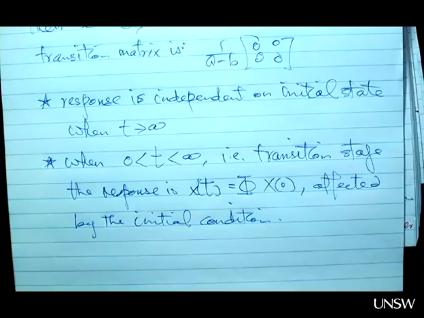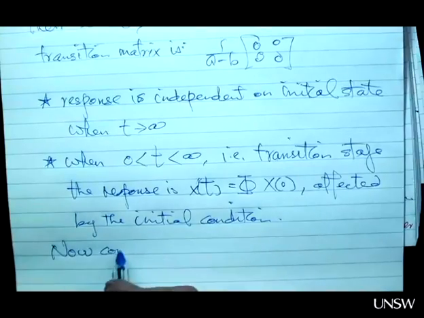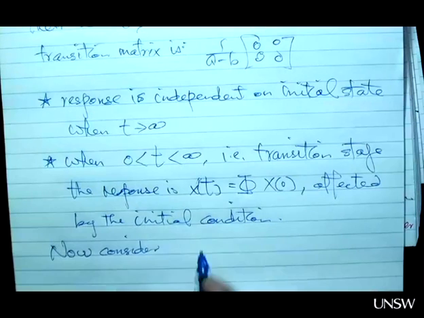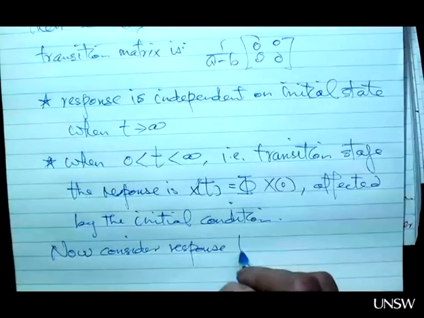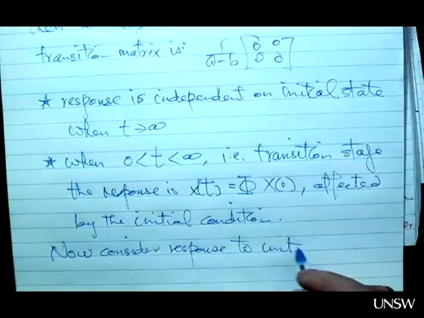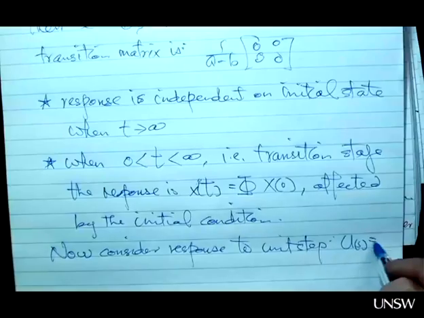Okay, any question up to here? Okay, if no question, now we consider our response to our unit step. So for unit step, we have u of s equals 1 divided by s.